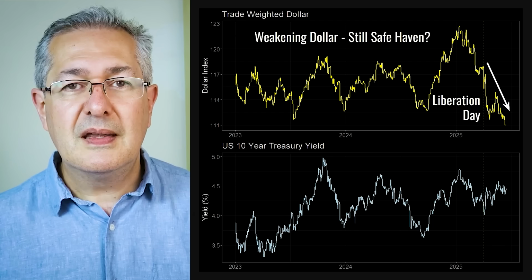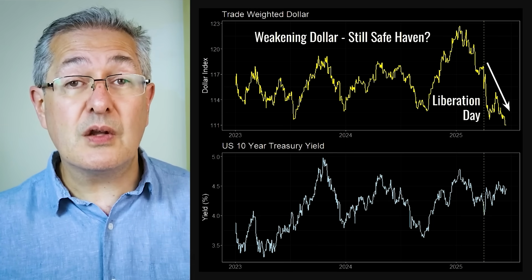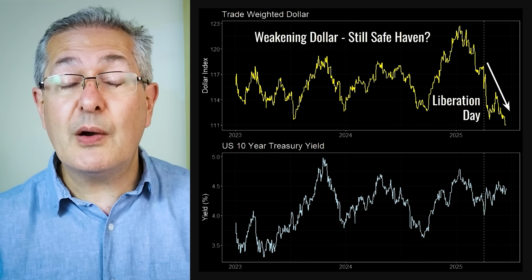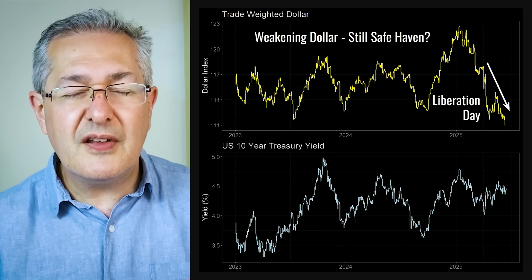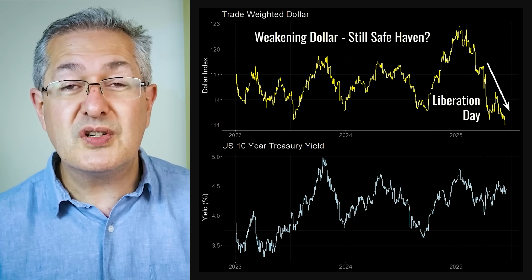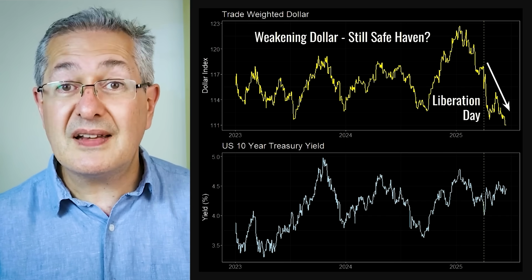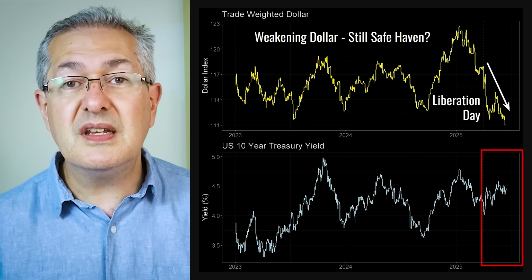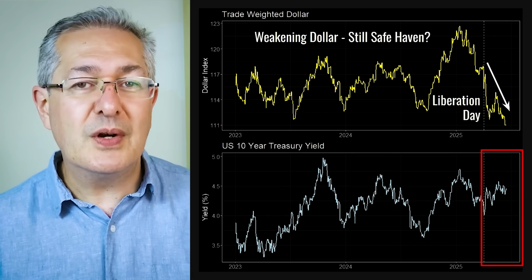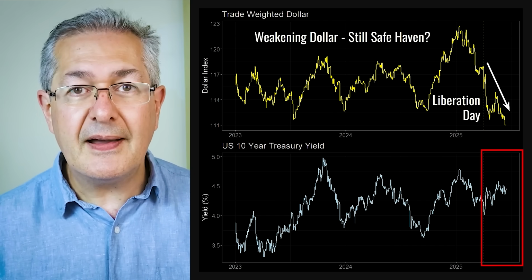And for non-US investors, another problem is that the dollar's been weakening quite markedly recently. Here you can see the trade-weighted US dollar in the top panel. Notice how after Liberation Day, there was a very marked weakness of the dollar, which hasn't really gone away. And what's even more remarkable is that that happens at the same time as we've seen US yields or interest rates remain high.